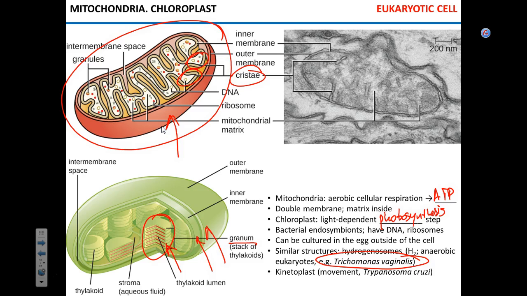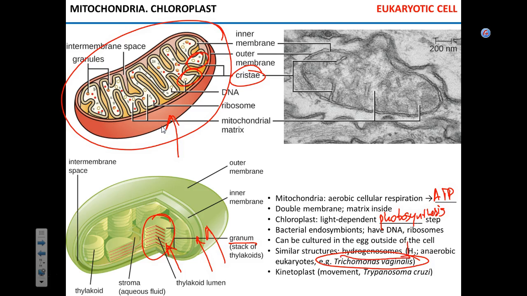Pretty common infection in the United States, actually. Trichomonas survives in an anaerobic environment in the vaginal mucosa. It does not have mitochondria, but it has a different organelle, which is very exciting. It's called hydrogenosome.